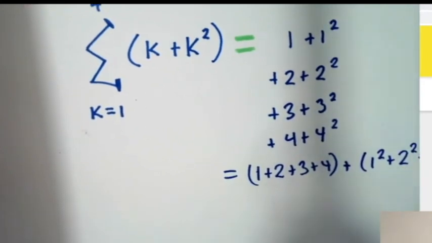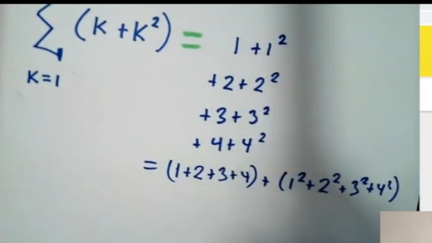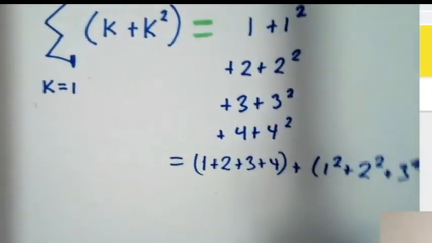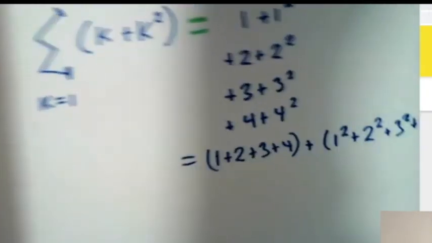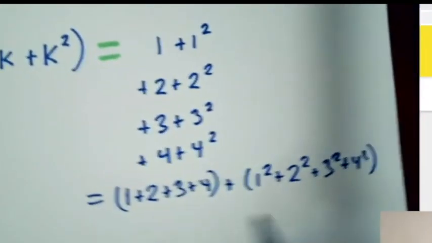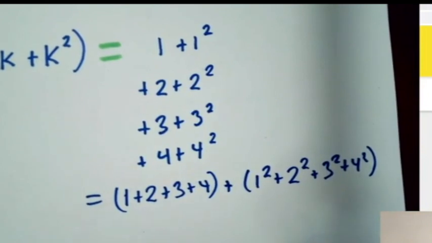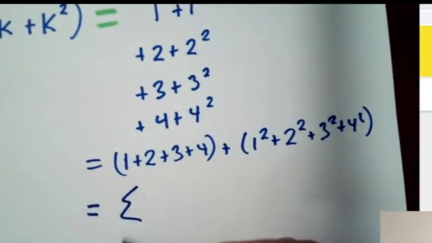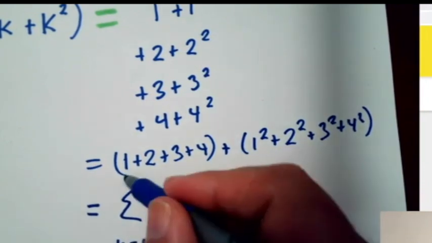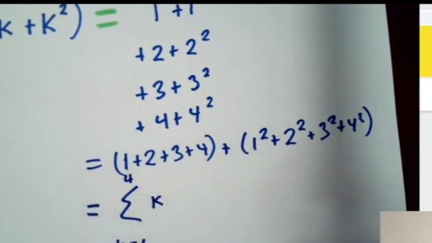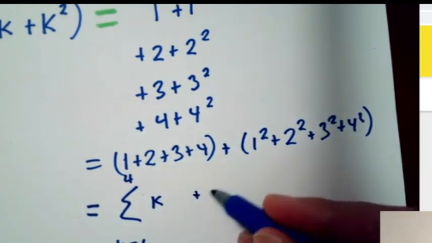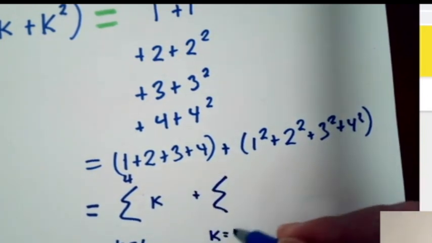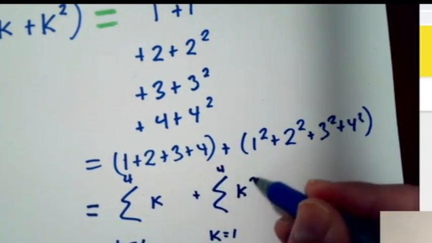So now I have two long lists of additions. I could rewrite each of these as a summation. So this first one would just be the sum from k equals 1 to 4 of k. And this other piece would be the sum from k equals 1 to 4 of k squared.